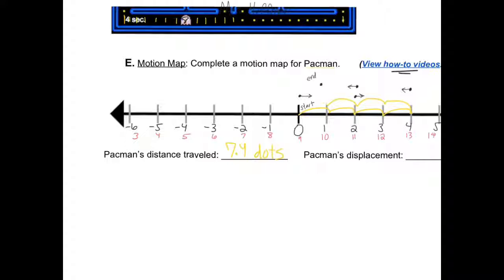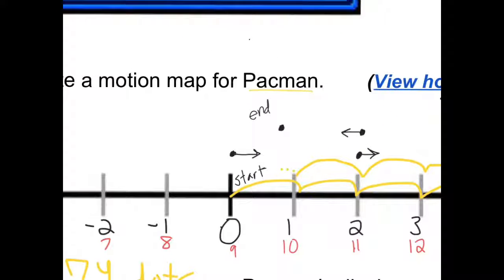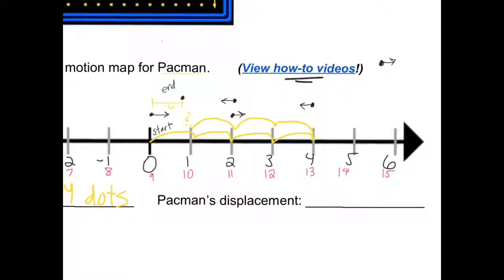His displacement, where he is compared to where he started. His displacement is only right here to right here. Now, if this was 0.4, that makes this a 0.6. So Pac-Man's displacement, we'll call it 0.6 dots.